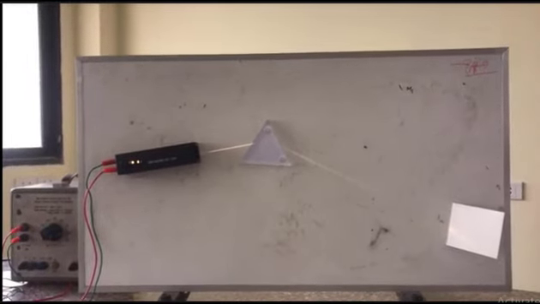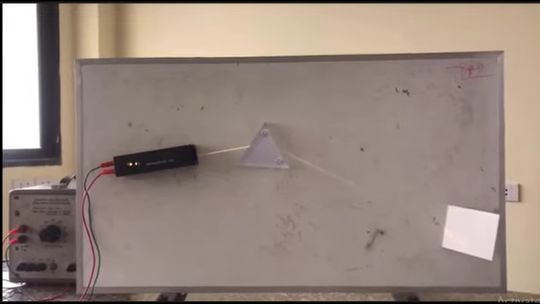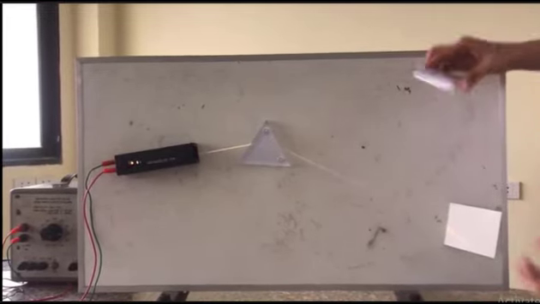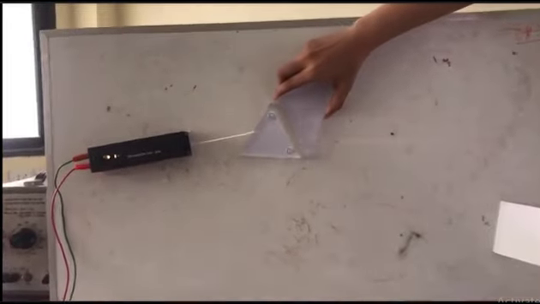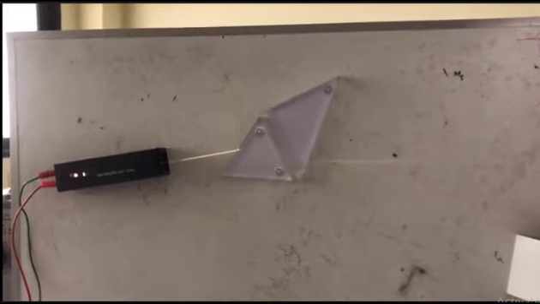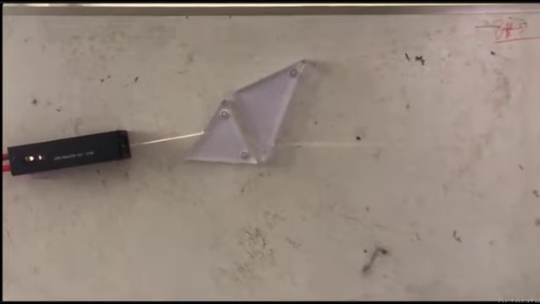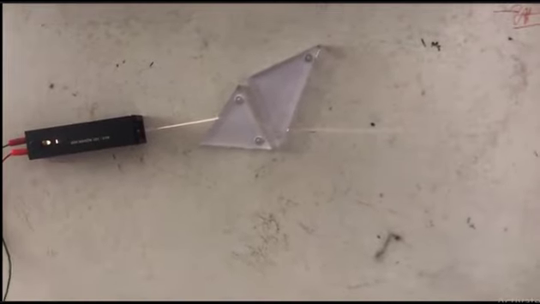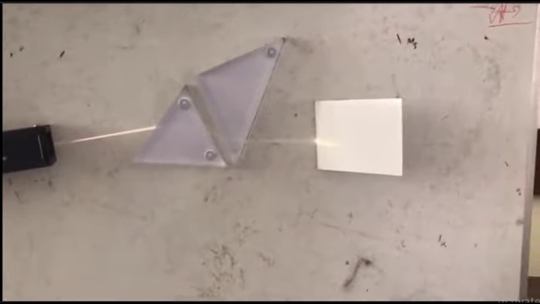We will put another prism close to the first prism but inversely, and then see what happens. We hope to obtain white light coming out of the second prism, and then I put the white board here. You can see that.